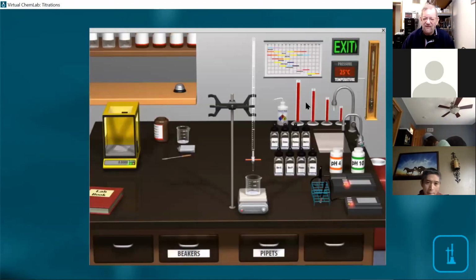And now we have over in the upper right-hand corner, see how you have graduated cylinders? Here's the one that's 50 and it's empty. You'll pick up the beaker, hold it over here, and that's funny because it's solid. It shouldn't sound like a liquid, but that's the mistake they have.